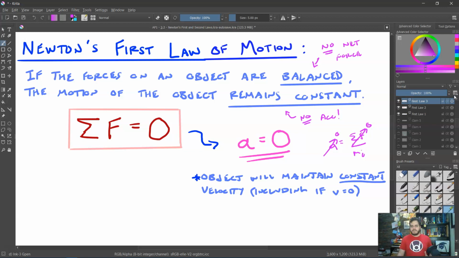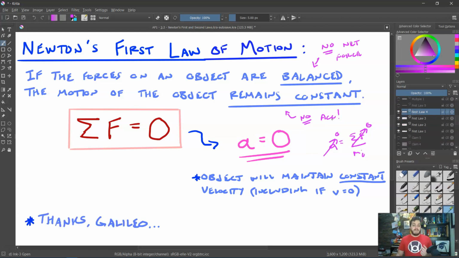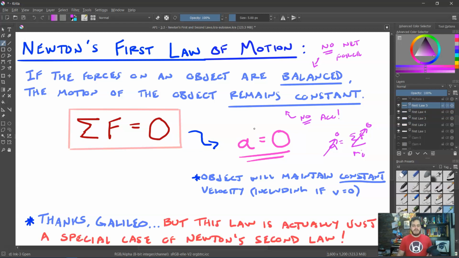Okay, now what that tells us is that although it was actually Galileo who formulated this thought and brought it all together, it's actually just a special case of Newton's second law. Now, to Newton's credit and to Galileo's credit, Newton recognized this.